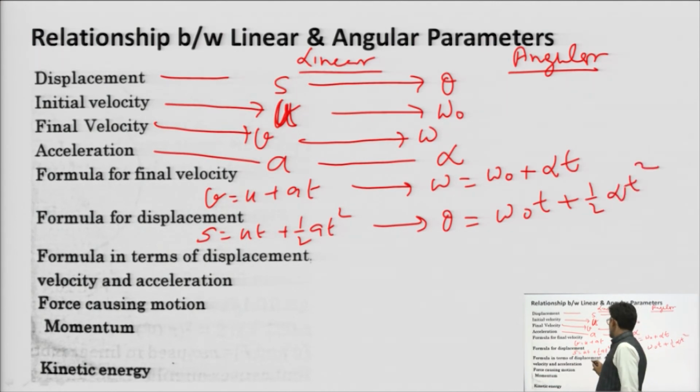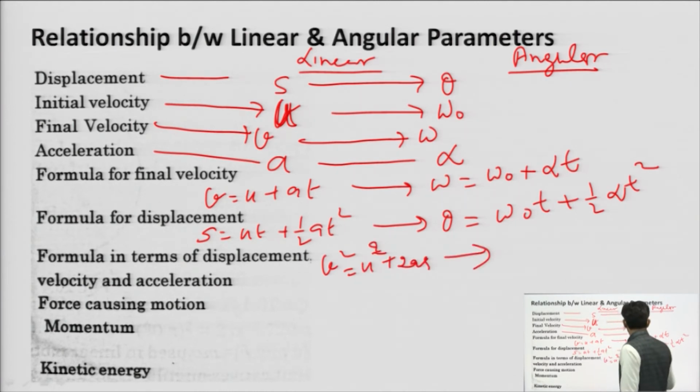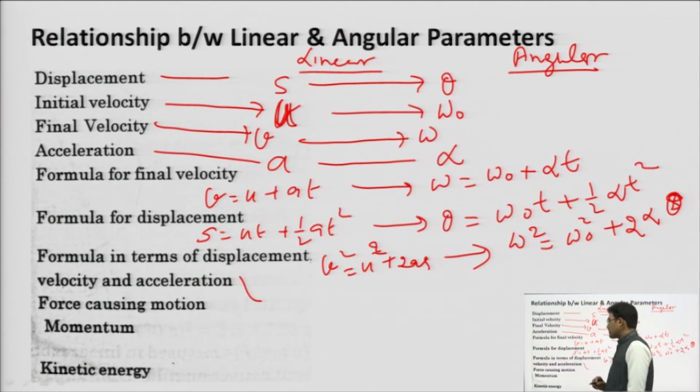In terms of displacement, we have the formula v square equals u square plus 2as in linear. Here we have derived omega square equals omega naught square plus 2 alpha theta.